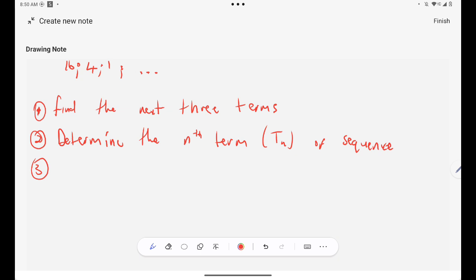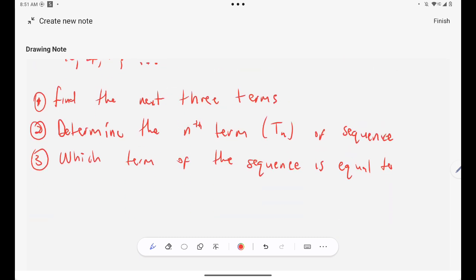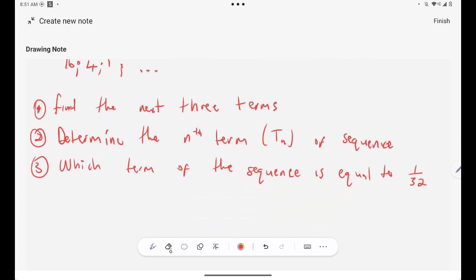Question 3 will be: which term of the sequence is equal to 1/64?